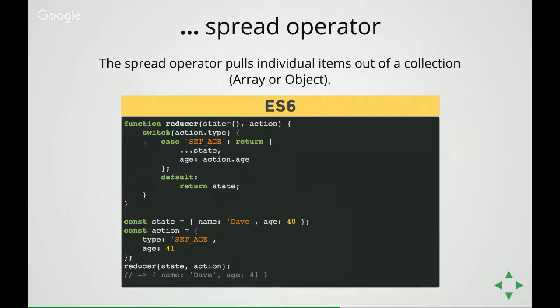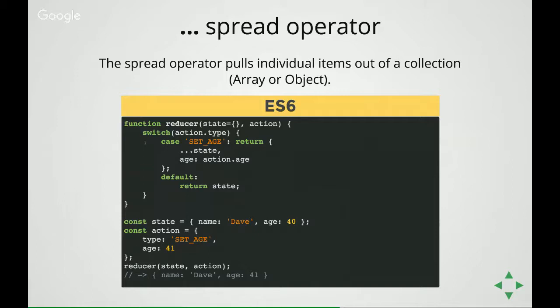So if the current state object had, in this case, name and age, here we're getting name and then age as well. But then I do age again after the spread. Because that one occurred later on, it will actually shadow the one above it. And so we get the new age based on the action versus the one that was extrapolated via the spread operator.